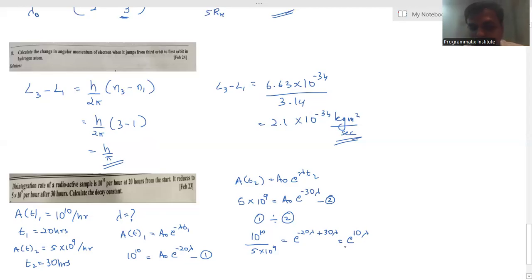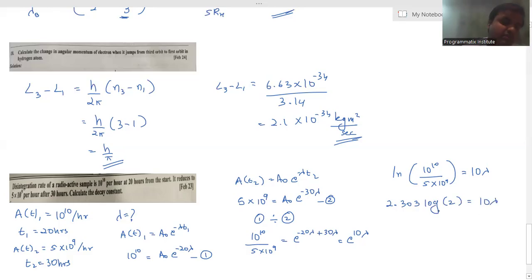Let's put this exponential term on the left hand side. By doing so, I'll get natural log of 10 raised to 10 upon 5 into 10 raised to 9 equals 10 lambda. Again, I have to convert this natural log, and what I'll get here is log 2. Yes, definitely we have to convert this natural log to base 10. So I have to write it like this: 2.303 log 2 equals 10 lambda.